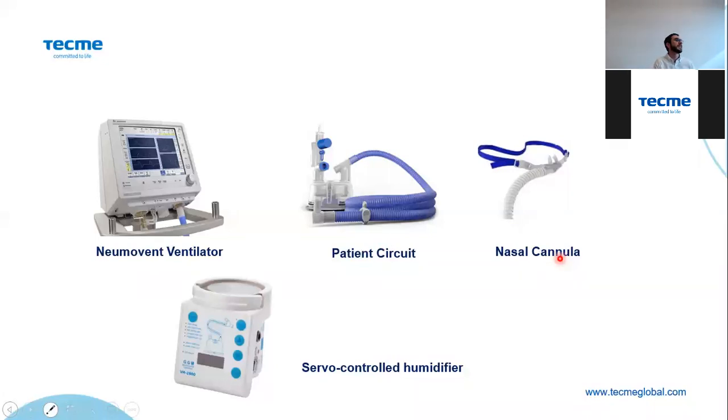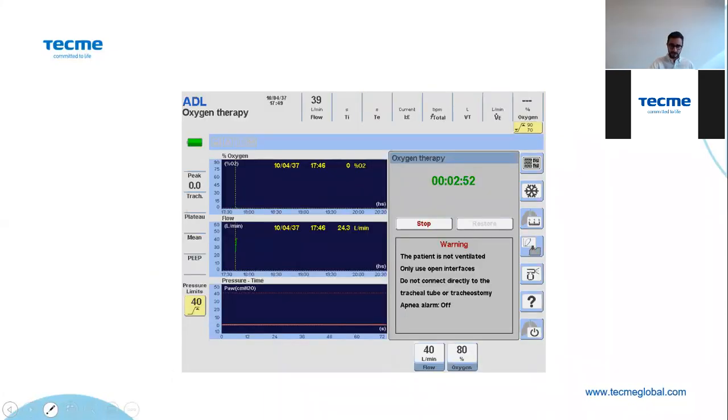Remember here that the nasal cannula must not cover all the nose, only 50%. It's mandatory to have a servo control humidifier in order to achieve the correct level of humidity and temperature, because if not, the therapy will not be successful.